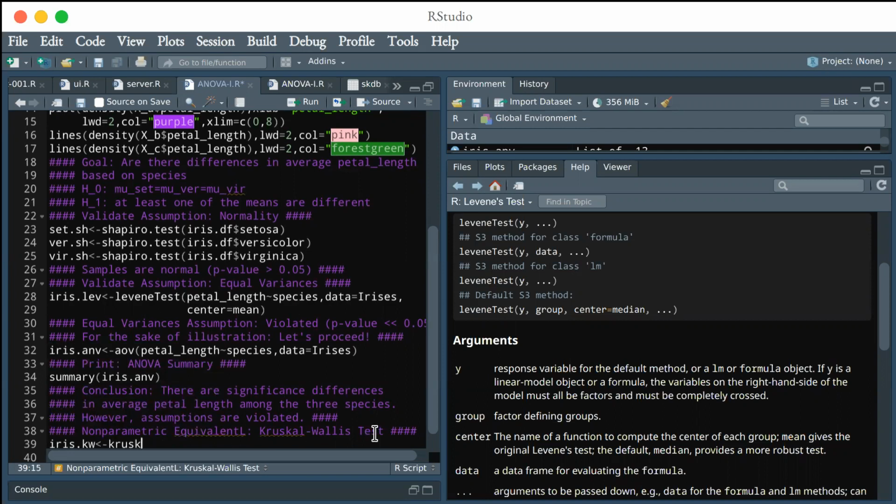In R, you can do kruskal.test. Same format can be used, but as I said, since R is open source, sometimes consistency is not there.